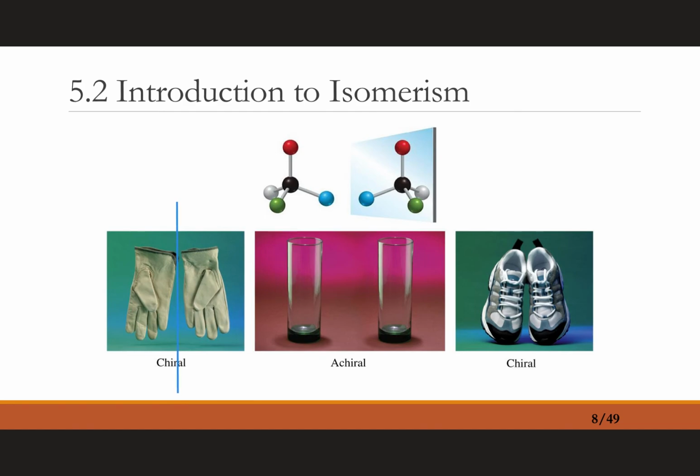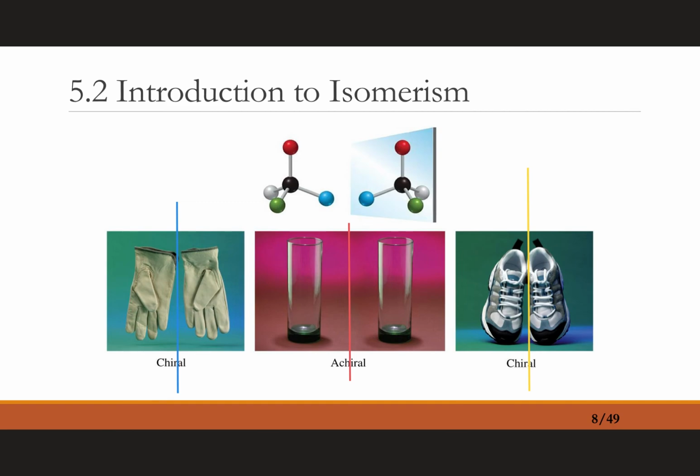In the middle picture, those vases or glasses would be achiral because they're mirror images of each other, but they're literally the same thing. So there's no difference in either side there, which makes them achiral. The shoes on the right, again, are going to be chiral because they're mirror images that are non-superimposable.